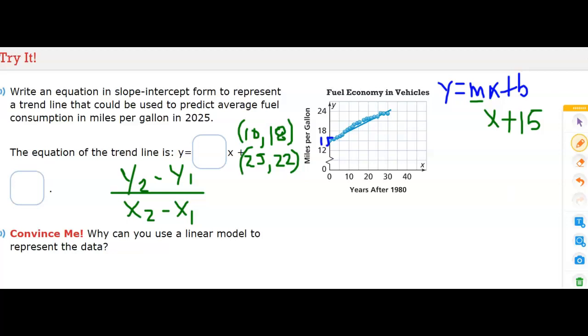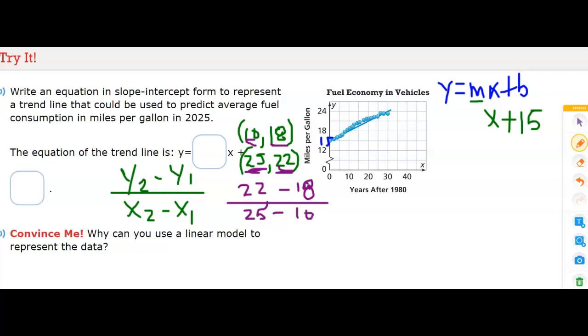Now I have to put them into the equation. My second y, which is 22, minus my first y, which is 18. Now my second x, which is 25, minus my first x, which is 10.